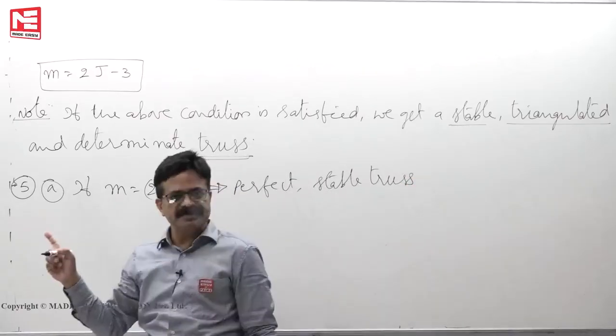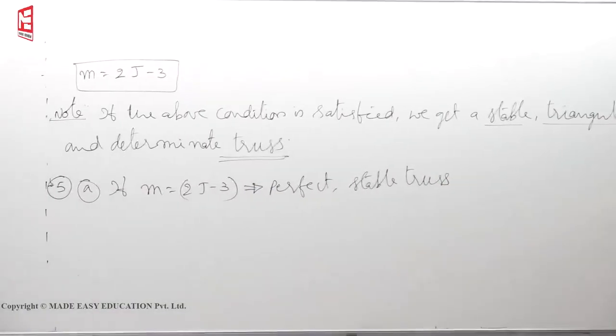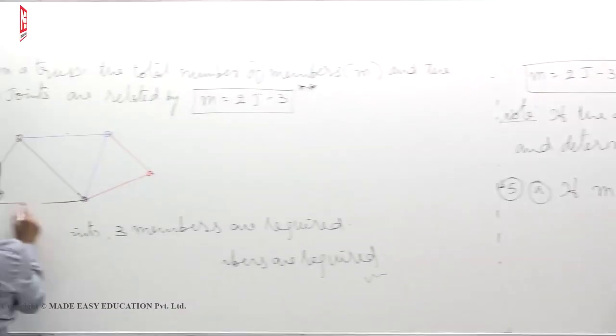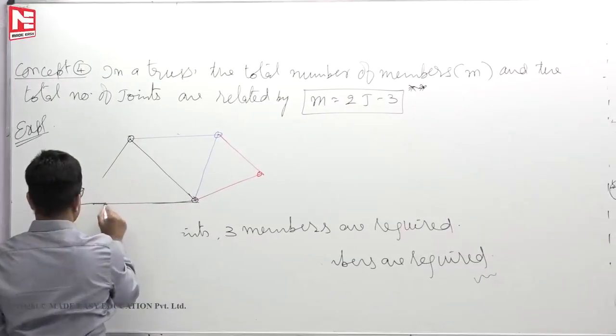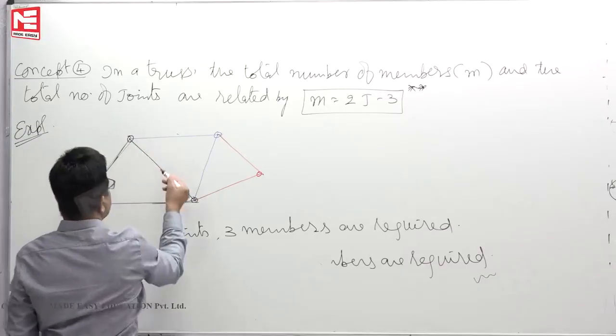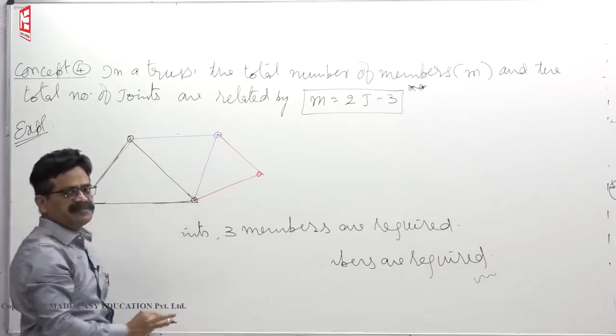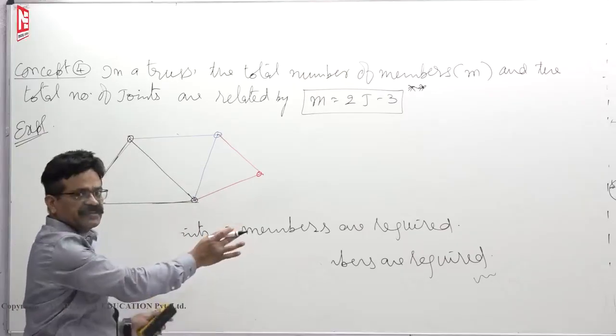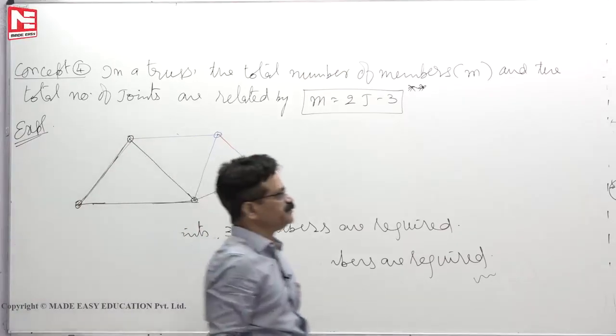Even if one member is missing in this triangulated form, it will collapse. Collapse means rigid body translation; simply, it will become unstable.